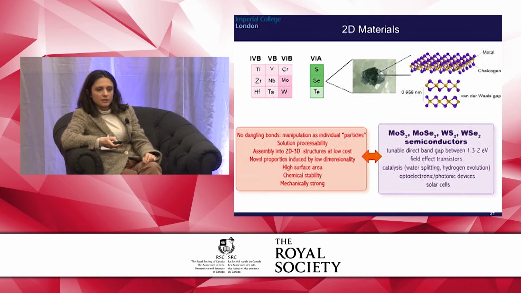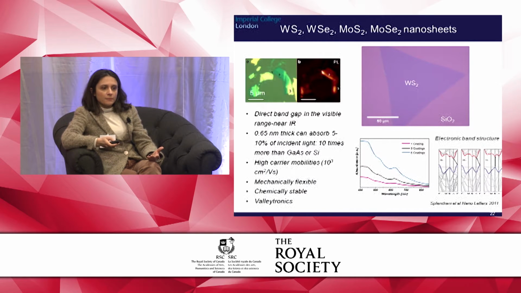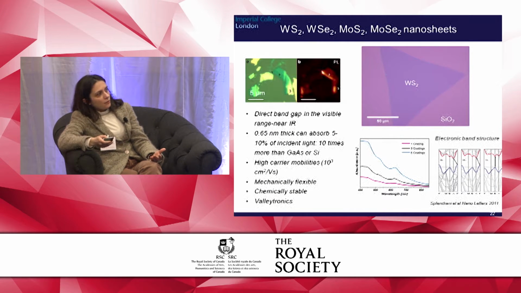And in particular, they're very interesting because they can absorb light and emit light in the visible range. So we can think of using this material for various photovoltaics applications or for light-emitting devices. For instance, here we have an example of optical microscopy images of a few nanosheets of this material, or also platelets or flakes.